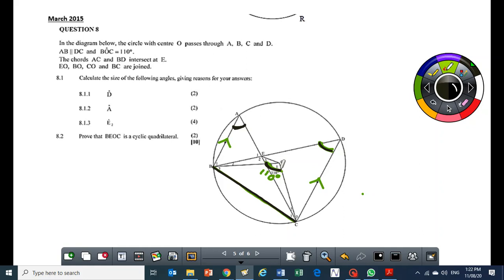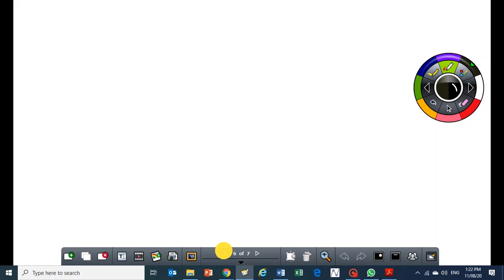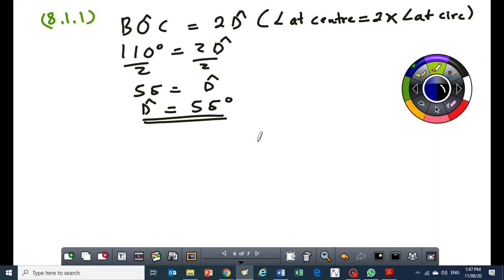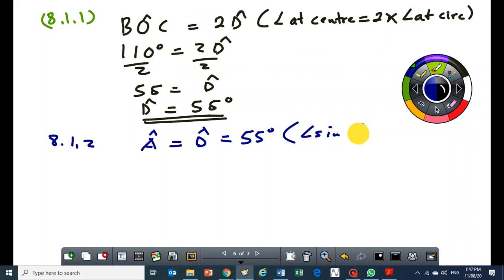So if I use theorem 4, I have to say angle A is equal to angle D, then I'll write my reasoning. So 8.1.2, we said angle A is equal to angle D, and that's equal to 55 degrees. And this is because they are angles in the same segment.